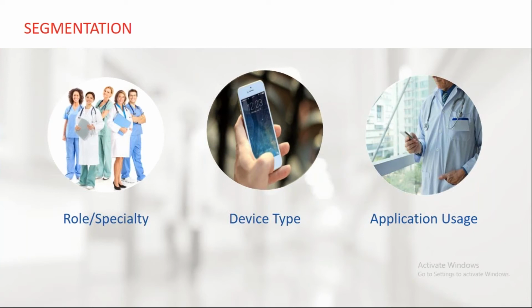Application usage is another one. If you have a way to measure, like within Spok, there are ways to figure out what applications users are logging into and leveraging. Is the user using, for example, a secure messaging app? Do they even have it installed on their device? Are they using it heavily?